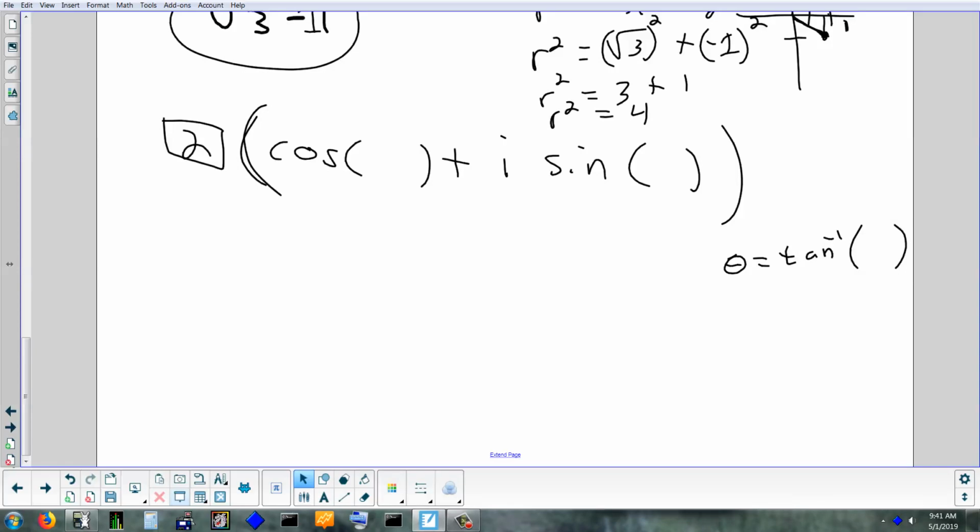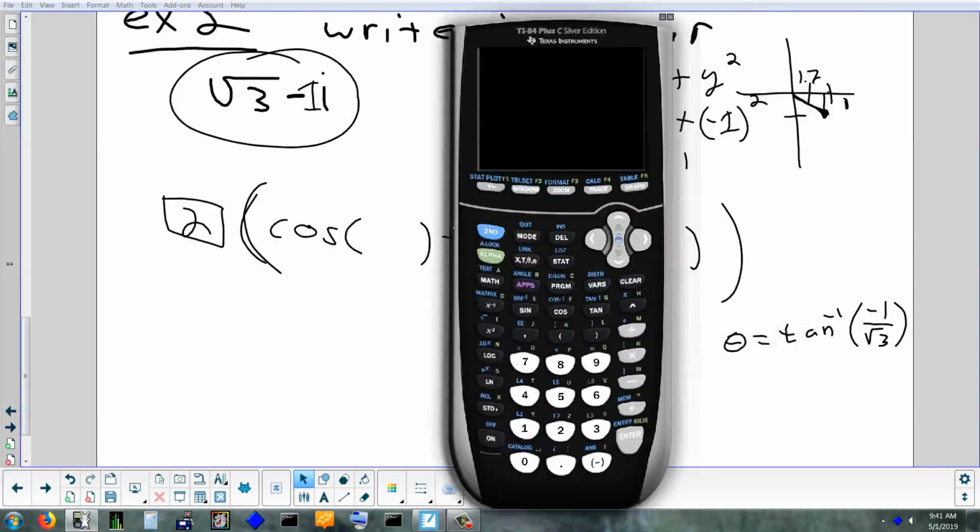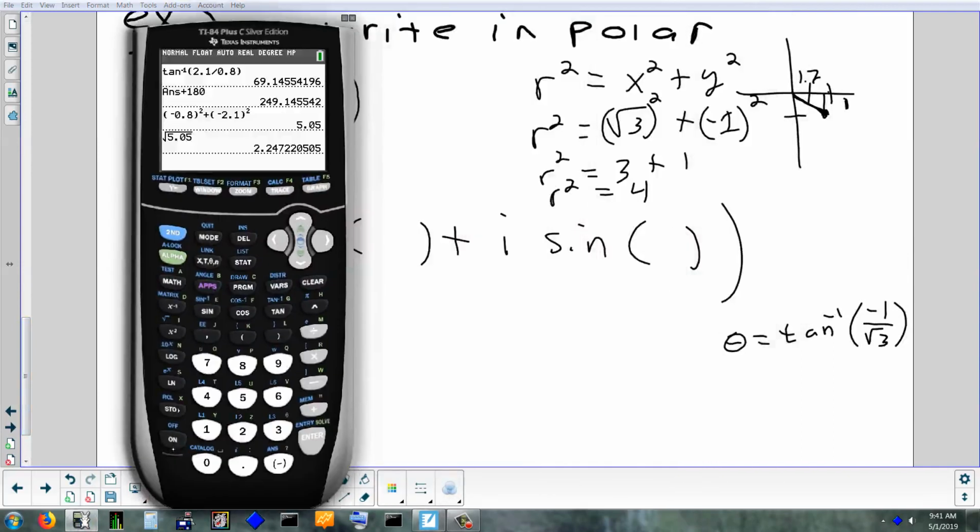Y over x. What's y in my case? -1. Yep, it's just numbers. -1. And what's x? Square root of 3. So let's see what we got. Inverse tangent of -1 over the square root of 3. I'm already in degrees.